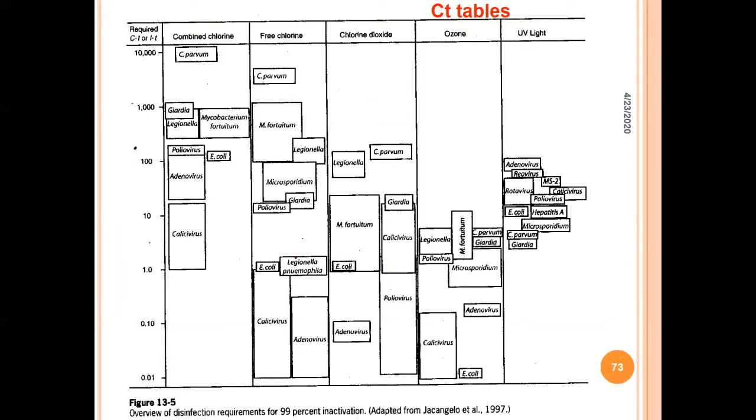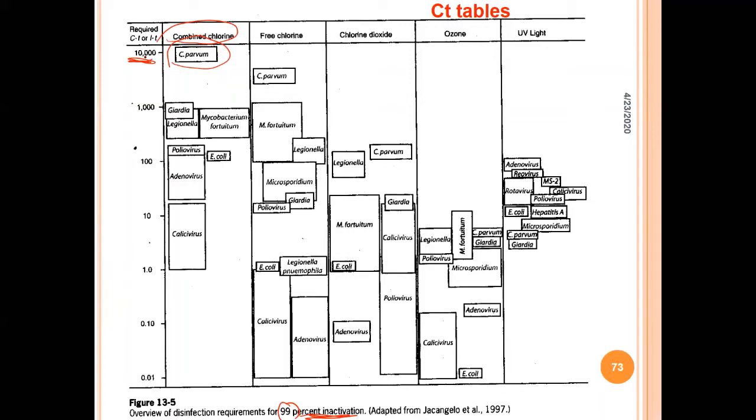So for the disinfection requirement for 99% inactivation of Cryptosporidium, the name of the microorganism, if we are using combined chlorine, then the CT value should be 10,000.